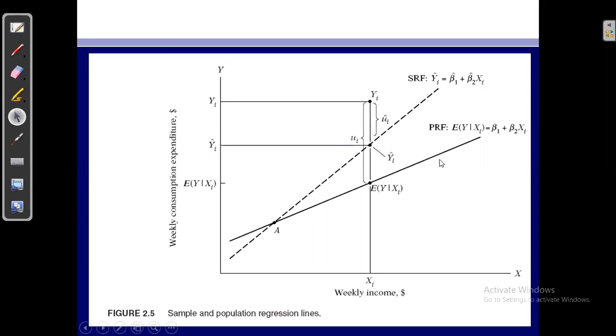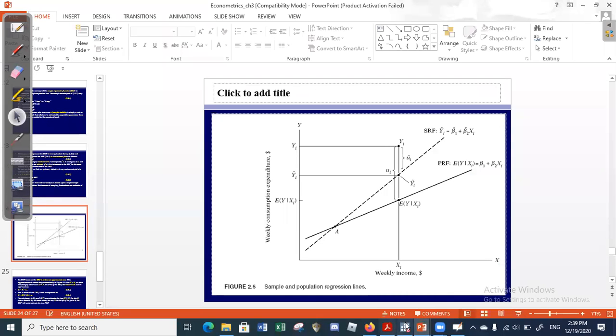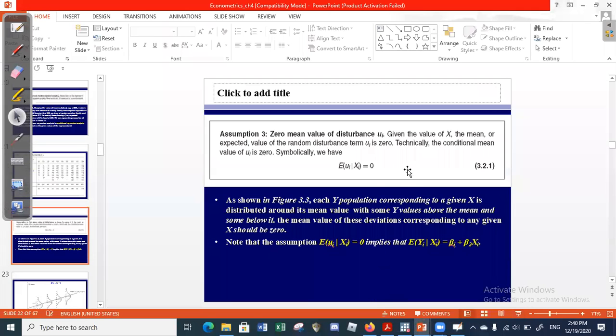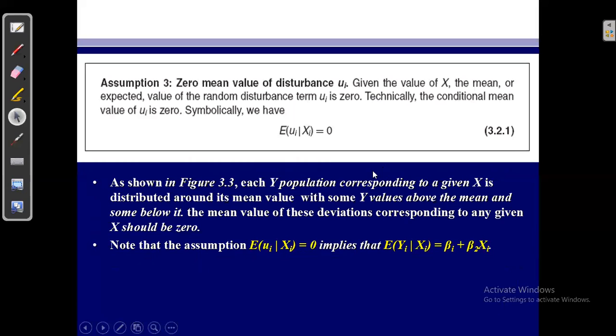Practically, this means that if I come back over here and explain the meaning of this particular assumption, if I can get the numeric values of the disturbance term, then this assumption is saying that the mean of the disturbance term corresponding to a given x value should be equal to 0, which means the zero mean of the disturbance term.